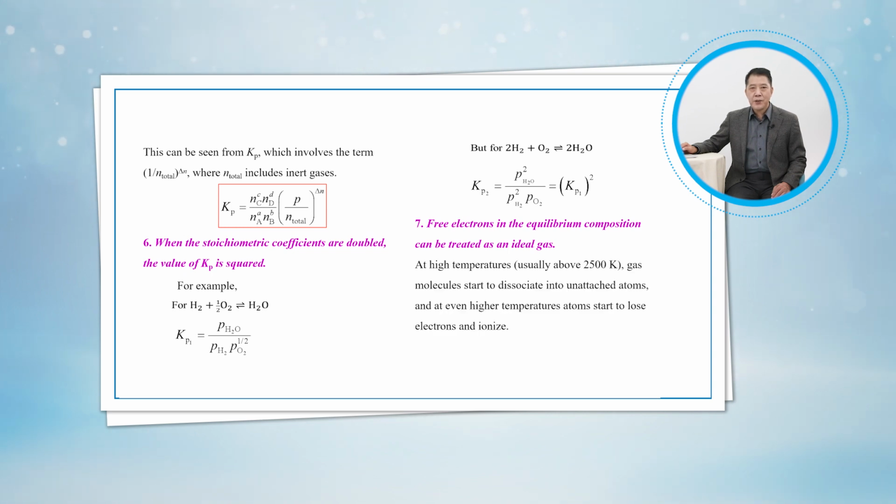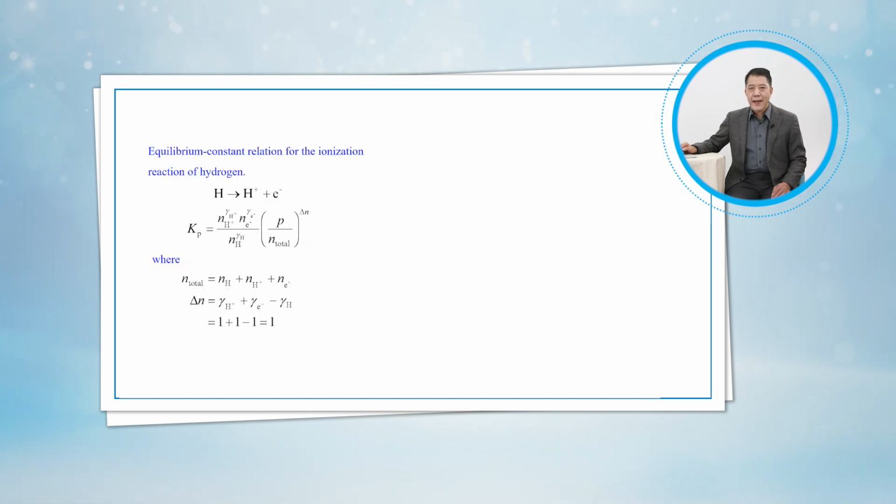Seventhly, free electrons in the equilibrium composition can be treated as an ideal gas. At high temperature, gas molecules start to dissociate into unattached atoms, and at even higher temperatures, atoms start to lose electrons and ionize. The dissociation and ionization effects are more pronounced at higher temperatures.